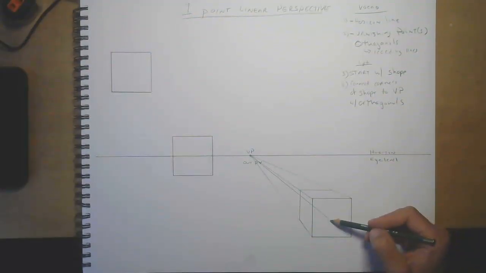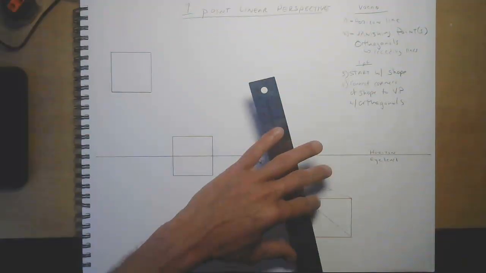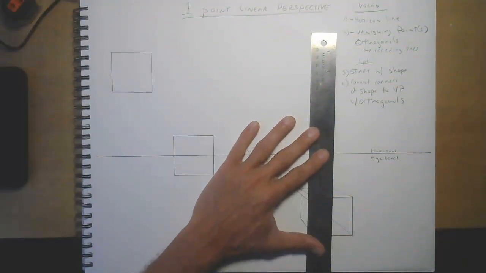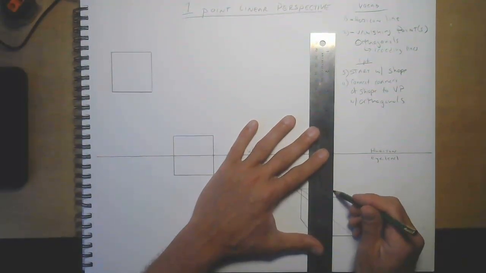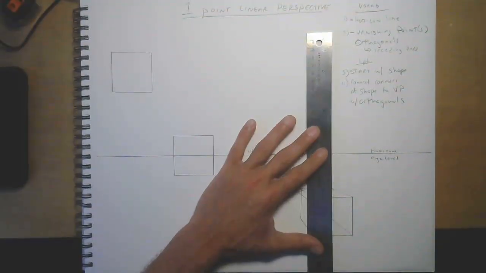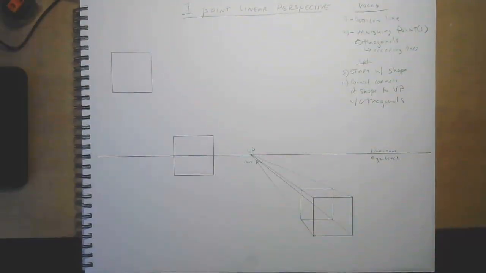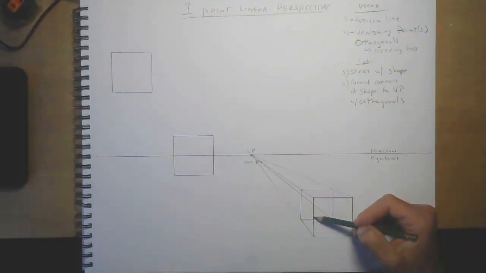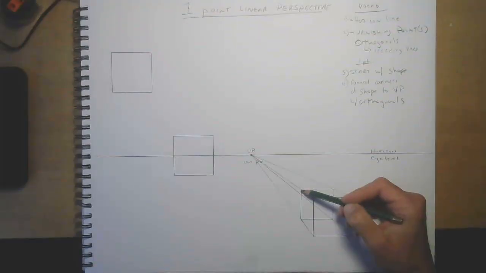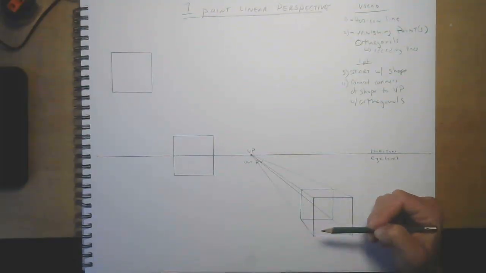Now, if we can still see through the cube, then we would just need to continue connecting with vertical and horizontal lines between the 2 orthogonals. And now notice the front line here is longer, and then this back line here is shorter.